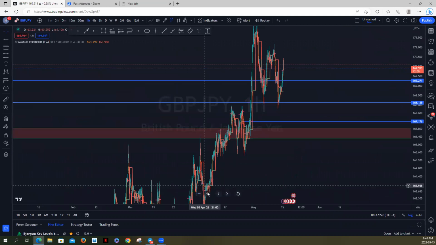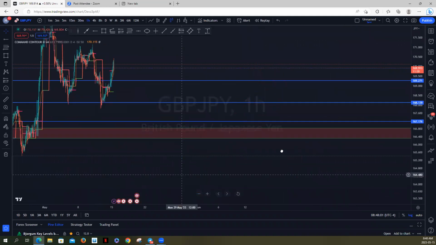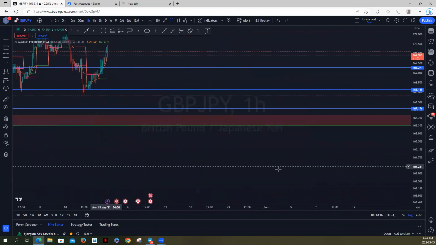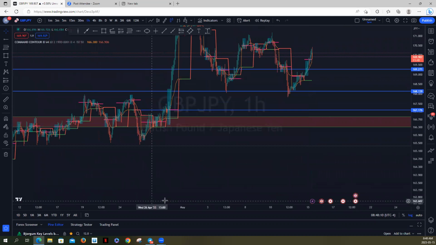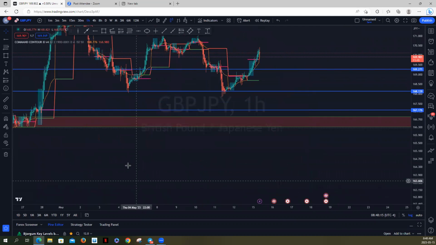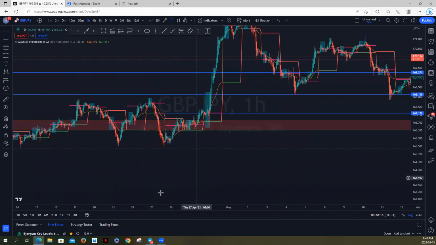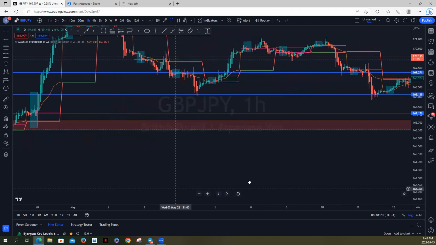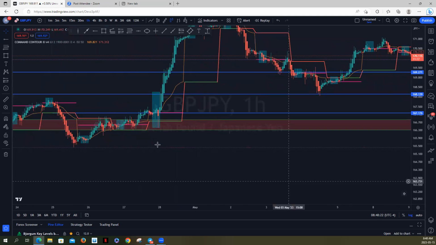So we have those zones marked off. And once you mark off the zone, the beautiful thing about it is you could go on any time frame and you'll still see it. But this is the idea.